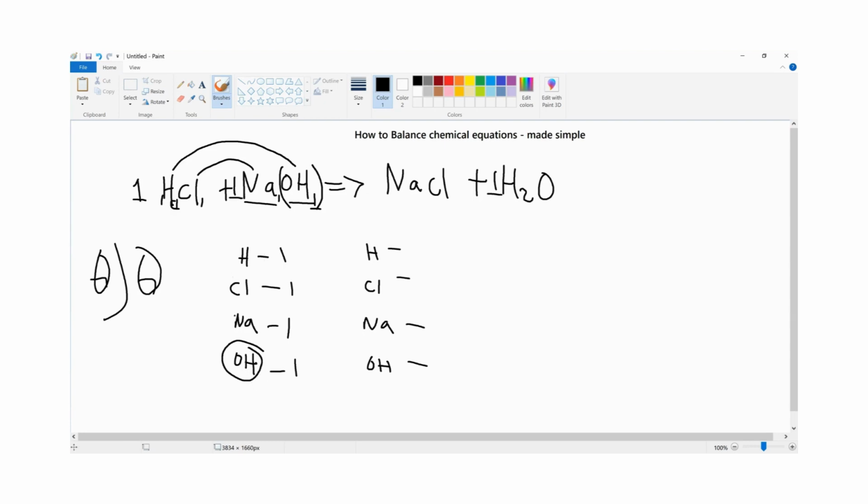Don't separate it, because if I were to do this, then I'll have 2 oxygen and 1 oxygen, and that would make it more complicated. So just write the whole polyatomic ion instead of writing it by itself. And we rearrange, and I like to do this as well.